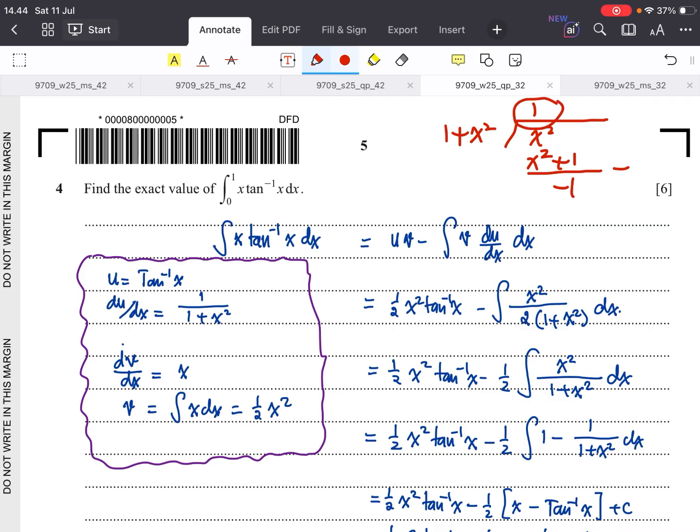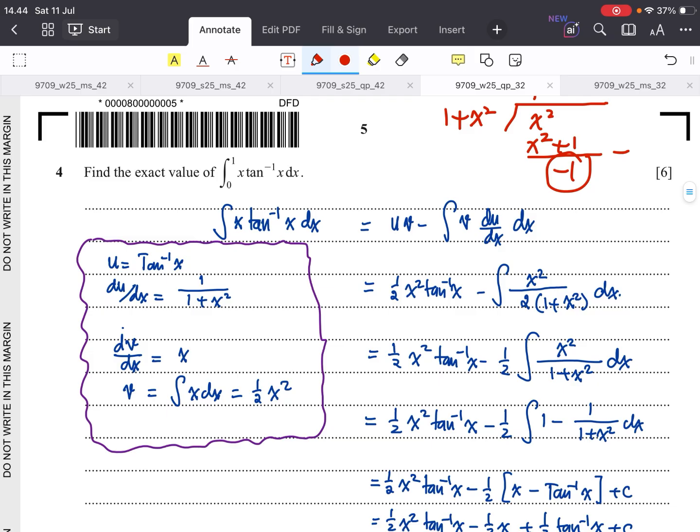So this one is the quotient we put here, and then negative 1 is the remainder. So this is the remainder, negative 1.